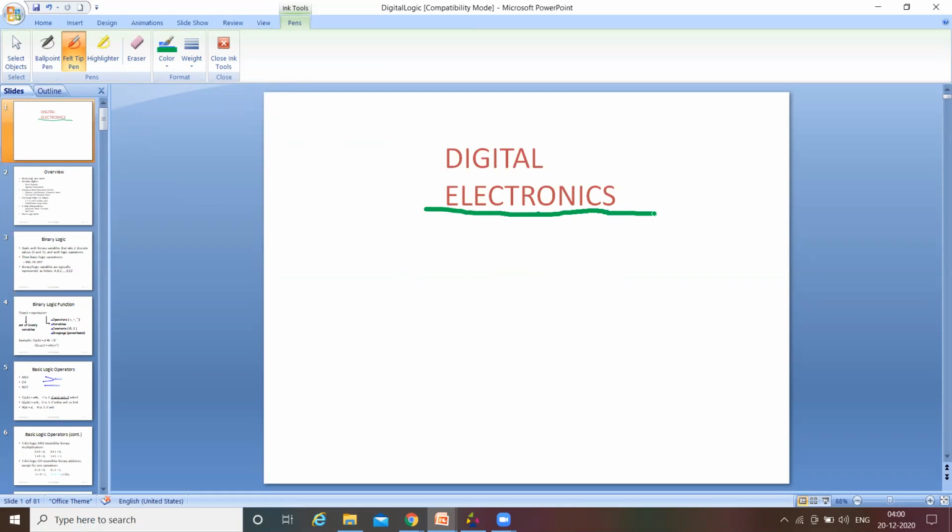Okay. In this, previously we discussed number systems. Now in that we have seen the binary number system, and second is octal.